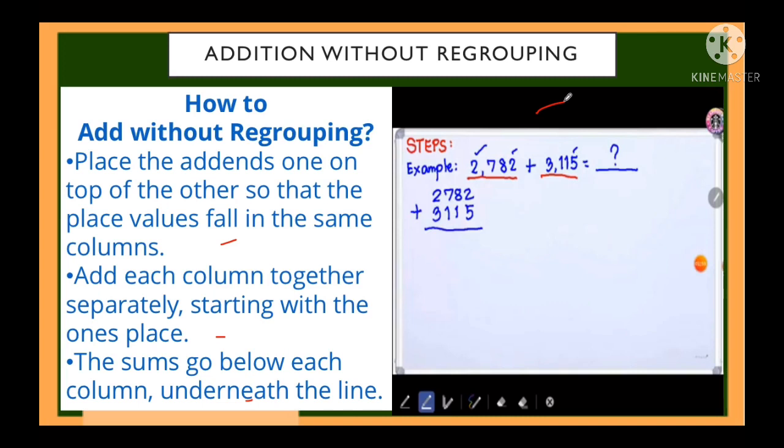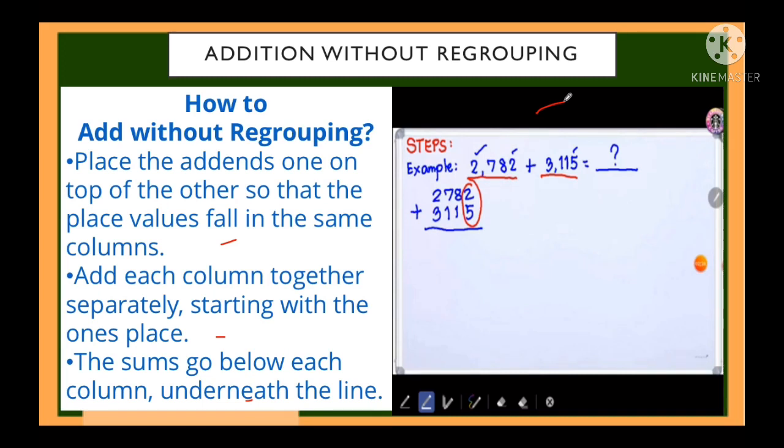Okay, so after that first step, the second step is add each column together separately, starting with the ones place. So we will start here. Every time we do addition, we need to start on the right side.